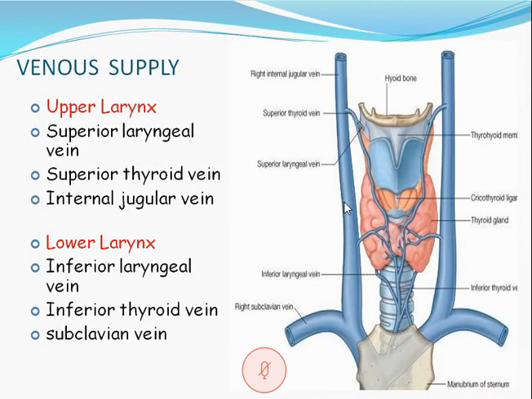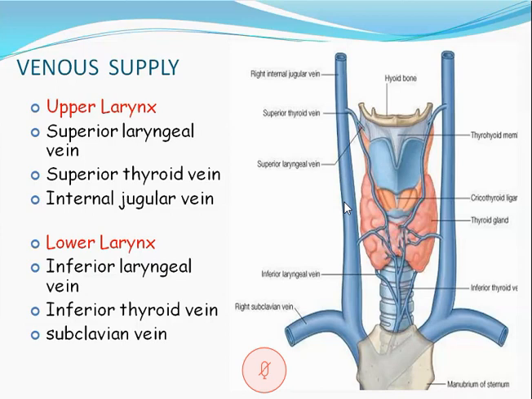The venous supply. The upper part of the larynx, above the vocal cords, is drained by the superior laryngeal vein, the superior thyroid vein, and the internal jugular vein. These are the three veins of the upper part of the larynx, above the glottis.